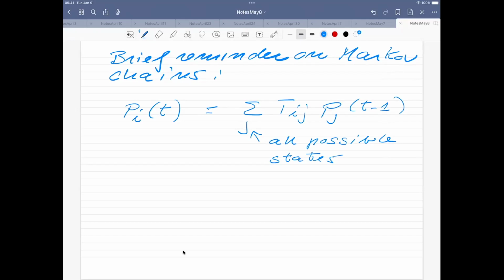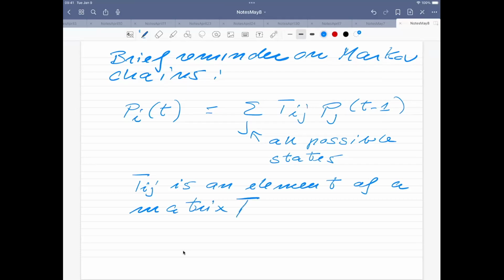Now, we are assuming that this T of ij doesn't depend on time, but it could also be time dependent. So in our case, T of ij is an element of a matrix T, which is a stochastic matrix.